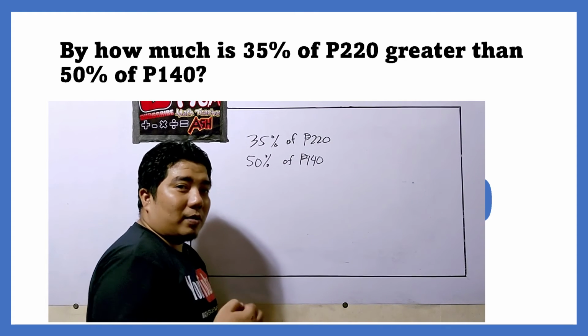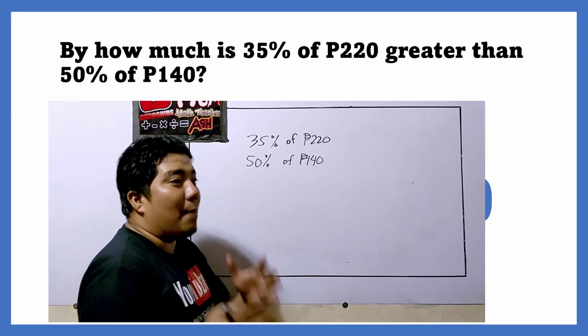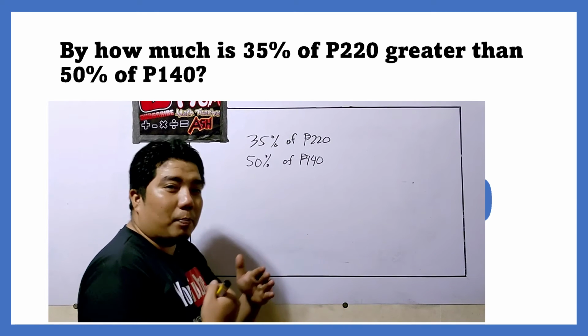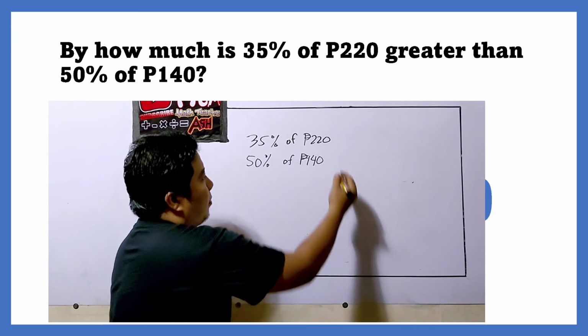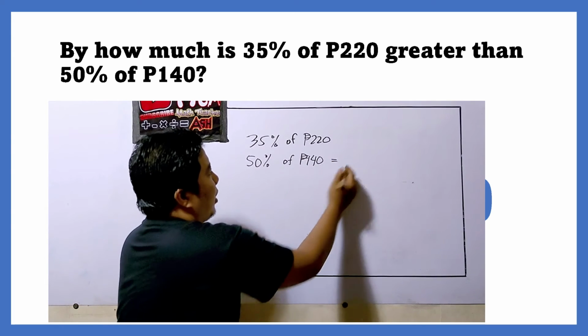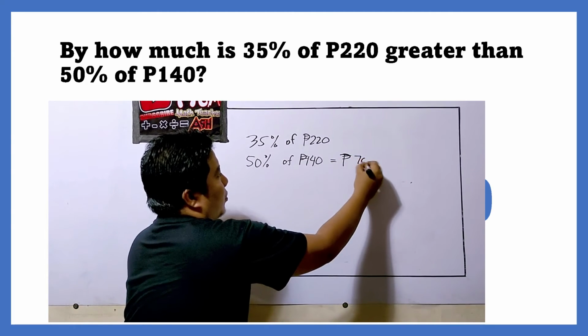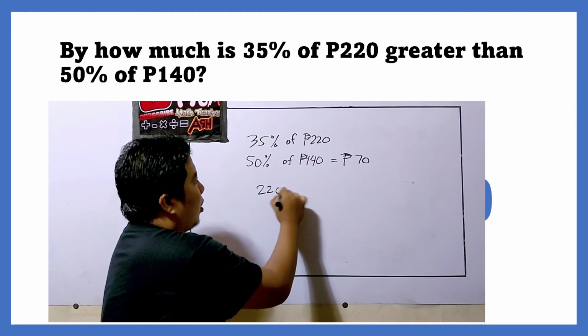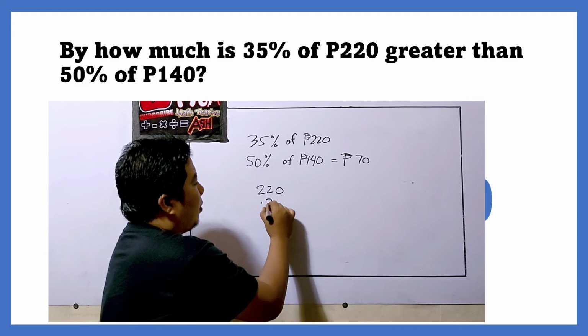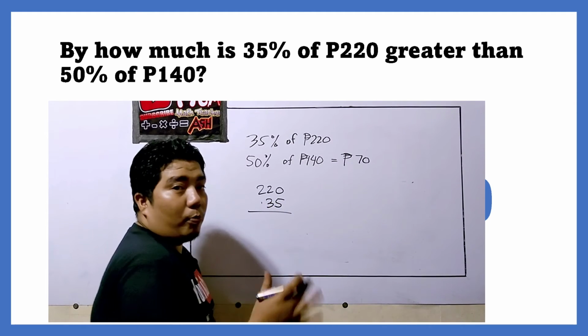Okay, so basically, we need to solve first the amount in those particular rates. So, the 50% of 140, basically, that is 1/2 of 140. So, that is 70 pesos. Right? Now, for the 35% of 220, you could multiply 220 by 0.35.